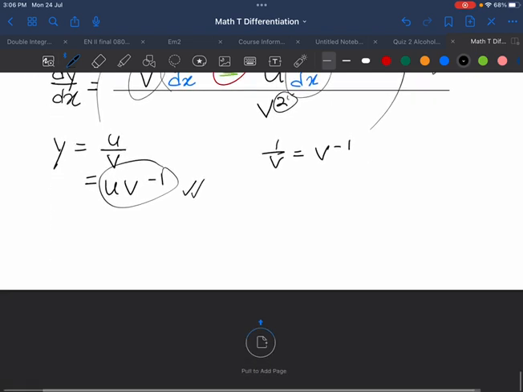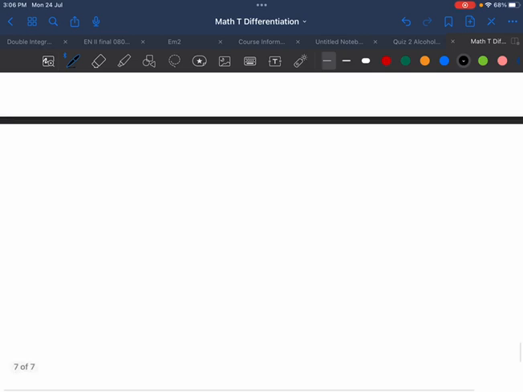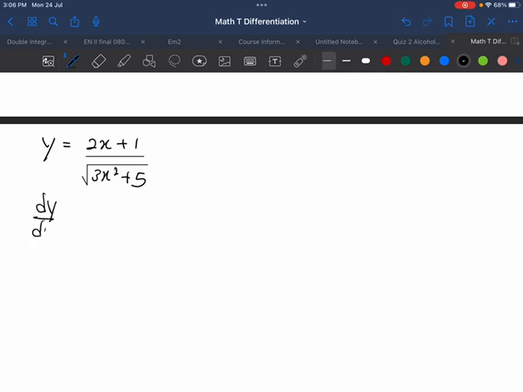Alright, so let's say we have this one, (2x plus 1) over (3x squared plus 5). I would say that if you want to expand it here, it's quite impossible, so you must use the quotient rule, dy/dx. So we draw a line first.